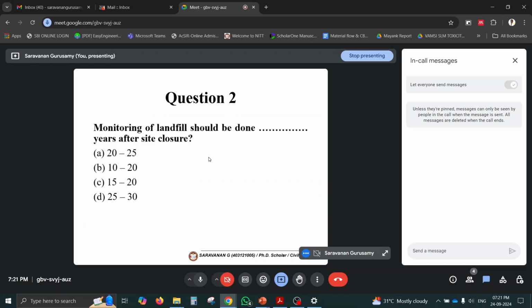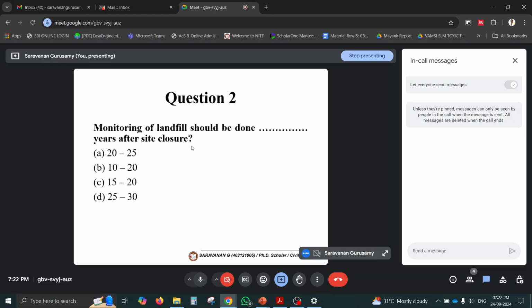Okay. The second question: monitoring of landfill should be done dash years after site closure. We have discussed the landfill design life. It has 3 components: active period, and pre and post closure period.